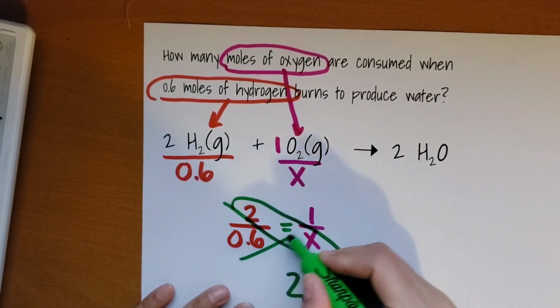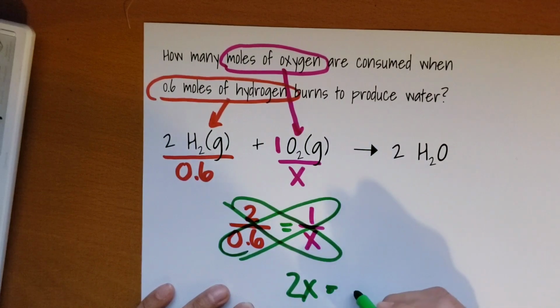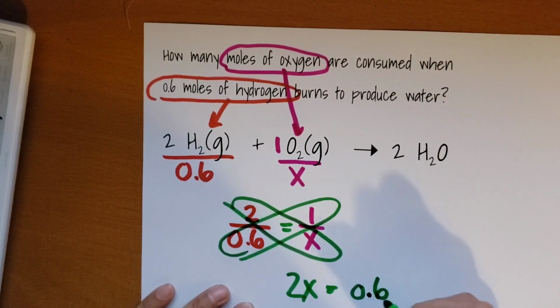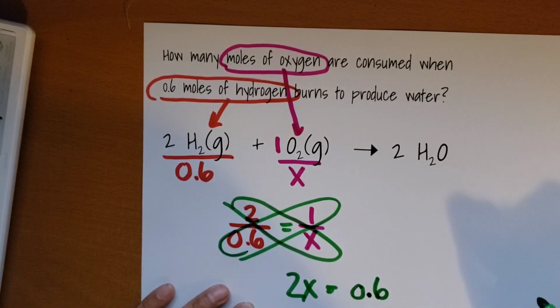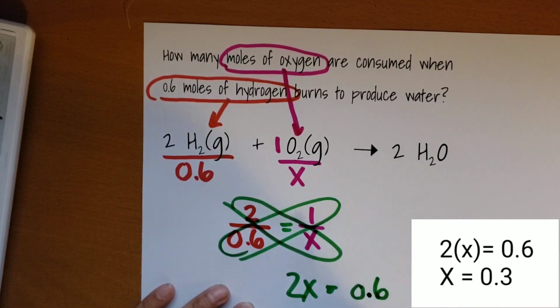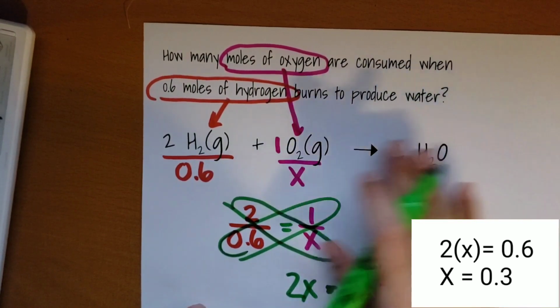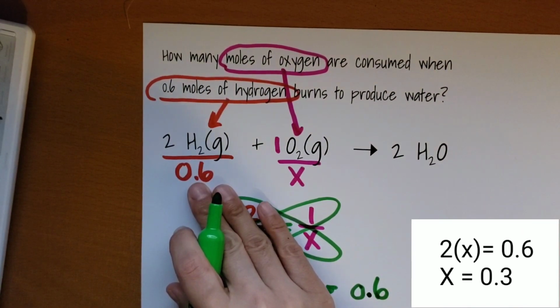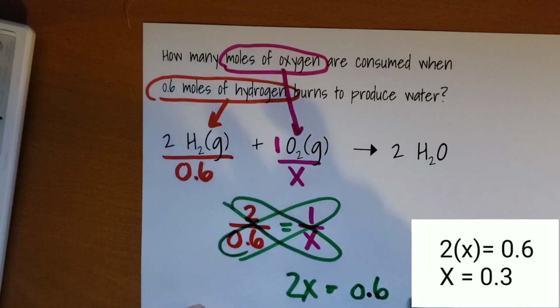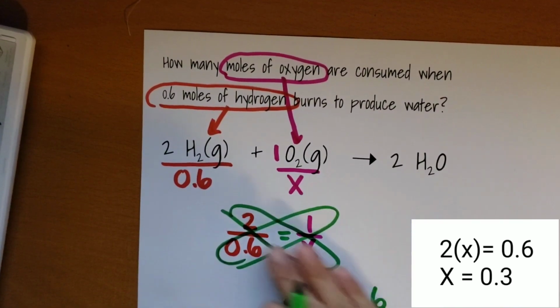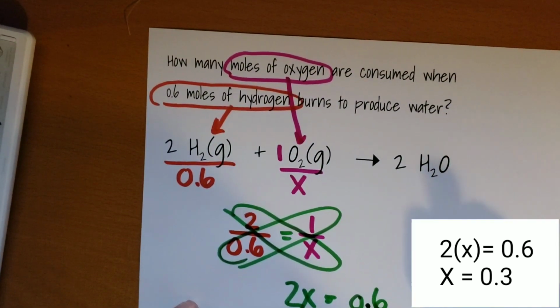Then I'm going to multiply these two. And from here, I'm going to solve. When I solve, I'm going to get that x equals 0.3 moles. And then I was looking for oxygen. So this is my answer.